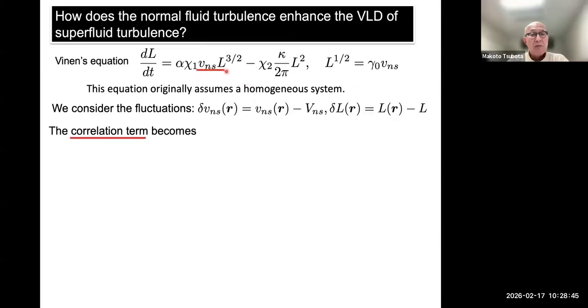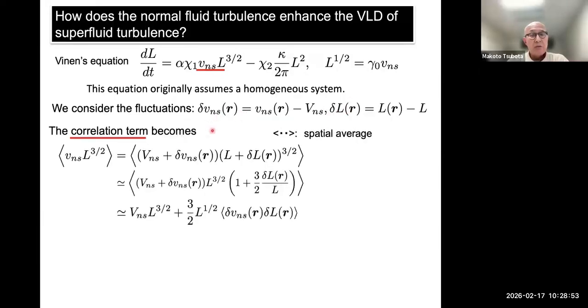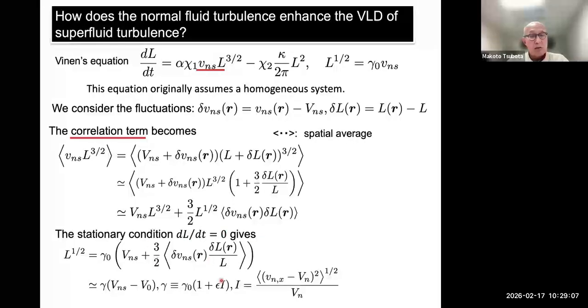And this term shows the correlation between the velocity and the VLD. By using the Taylor expansion and taking the spatial averages, we obtained something like this. If we consider the stationary condition, dL/dt equals 0, it gives this.